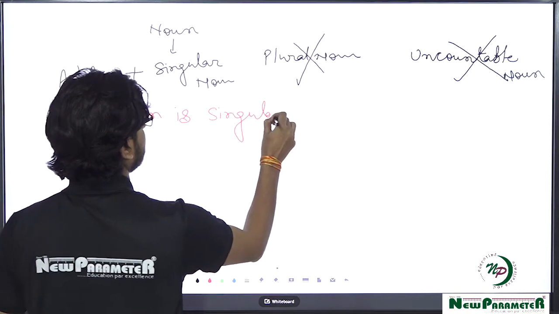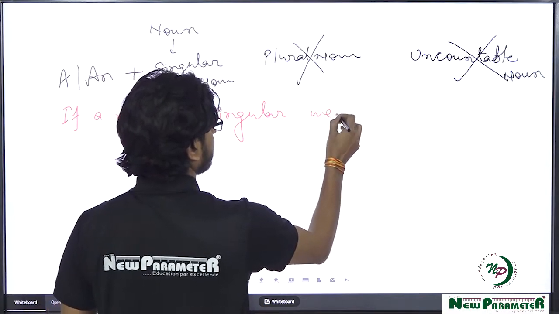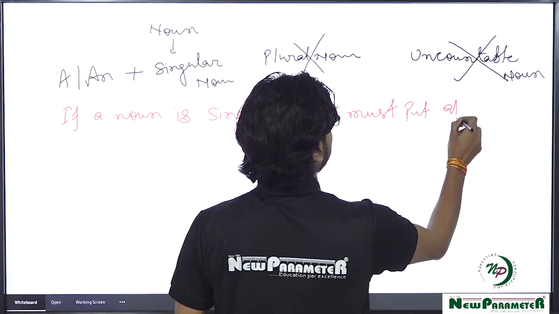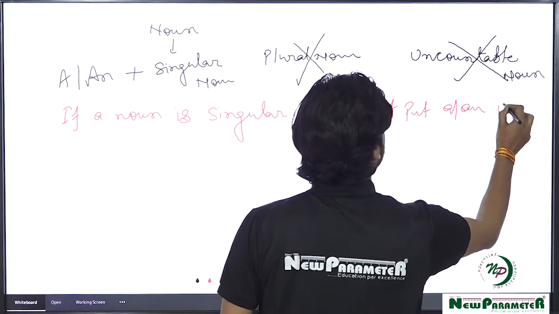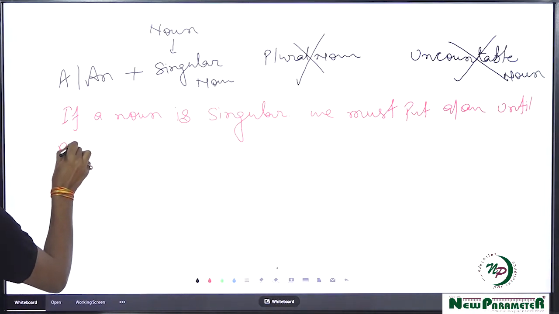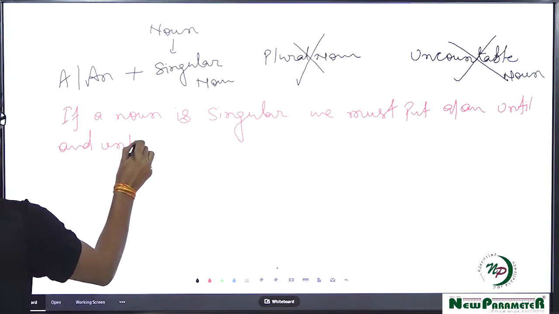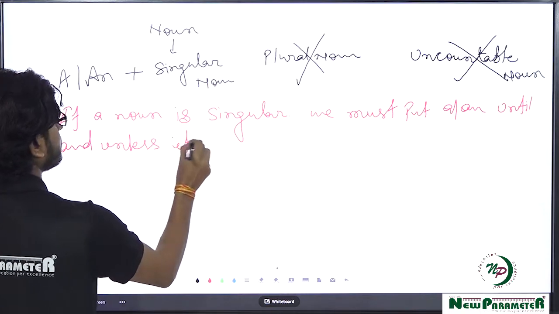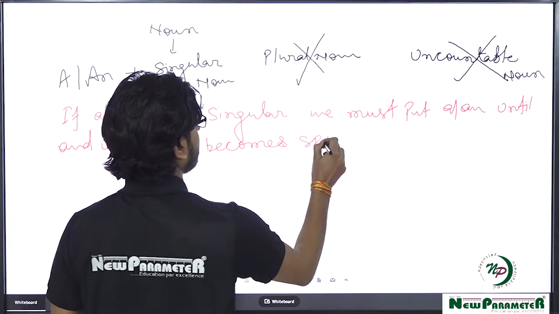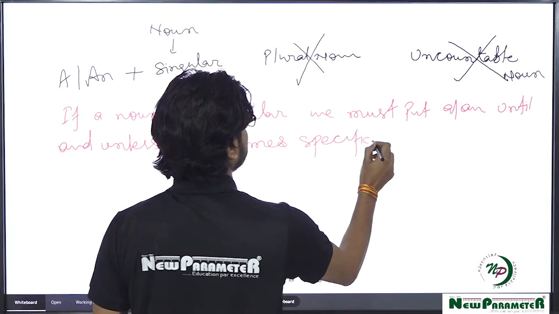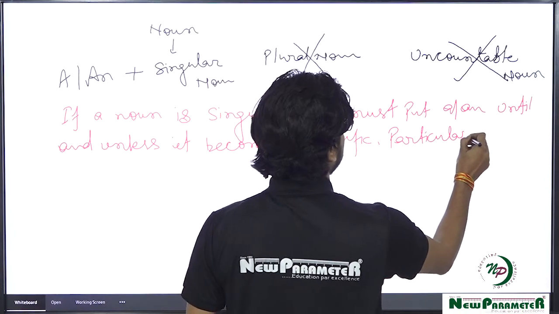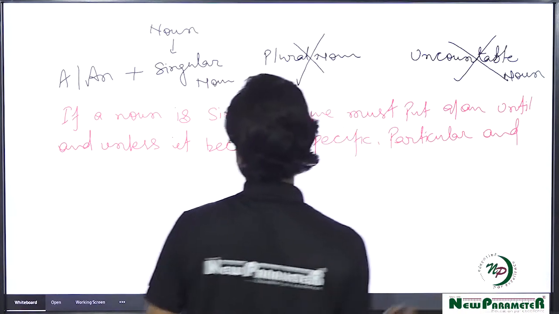if a noun is singular, we must put "a/an" until and unless it becomes specific, particular and definite.